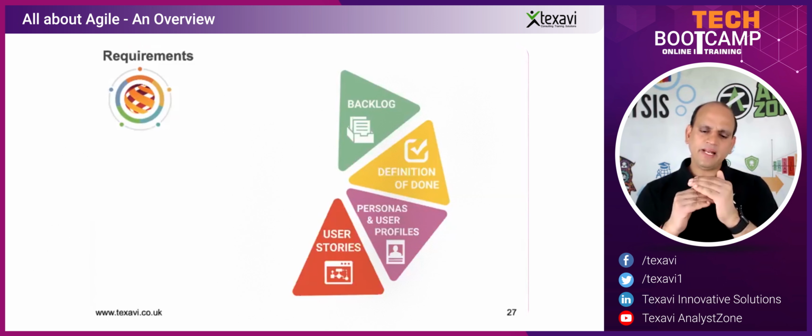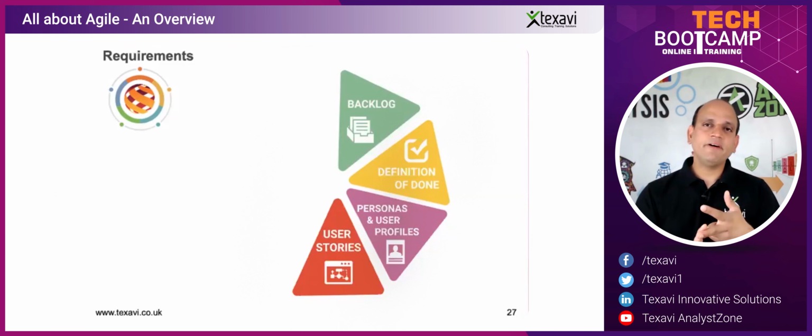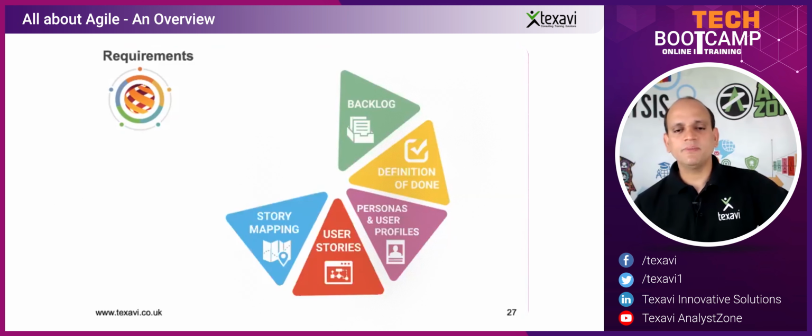It's as simple as that one-liner, and you should be able to apply INVEST to the user story. As in, a user story should be independent, negotiable, valuable, estimatable, sized small, testable: INVEST. That's a good story. We'll talk about all of these INVEST principles later.